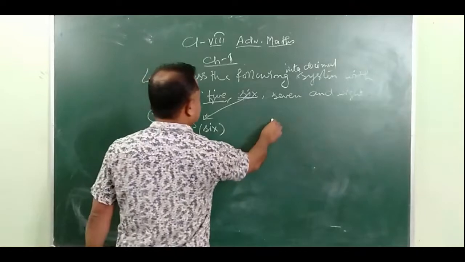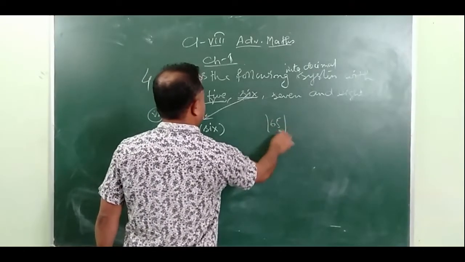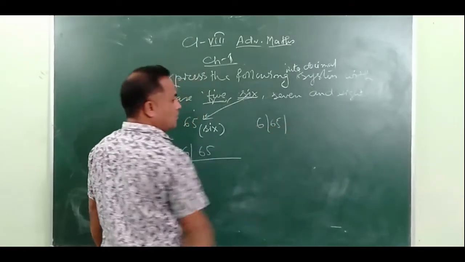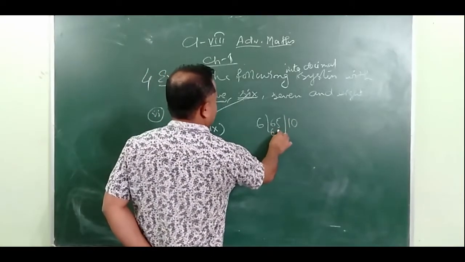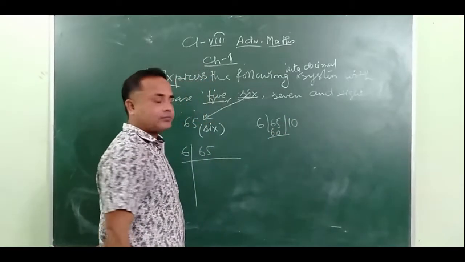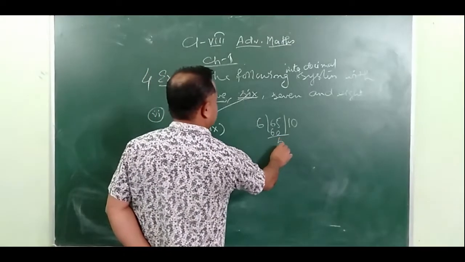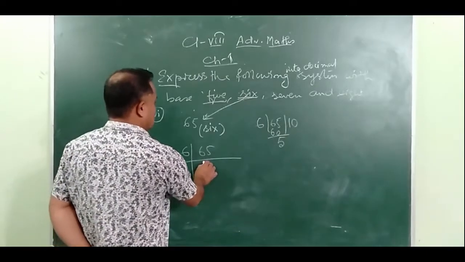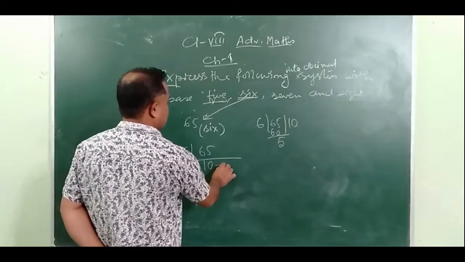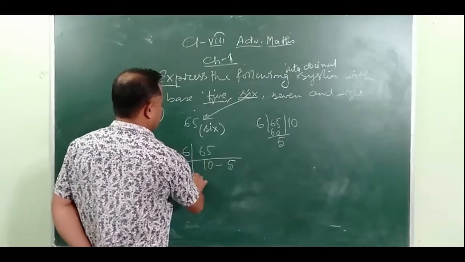Now the dividend is 65 and the divisor is 6. We will see how many times it goes. It goes 10 times. That is 60. So the remainder is 5. So the quotient is 10, remainder is 5.